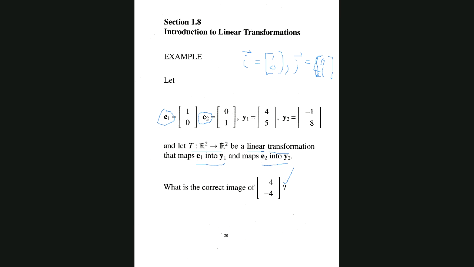So let's go to the solution. The first thing we want to do is write the vector 4, negative 4 as 4 times the e1 vector plus negative 4 times the e2 vector. Certainly we can do that.